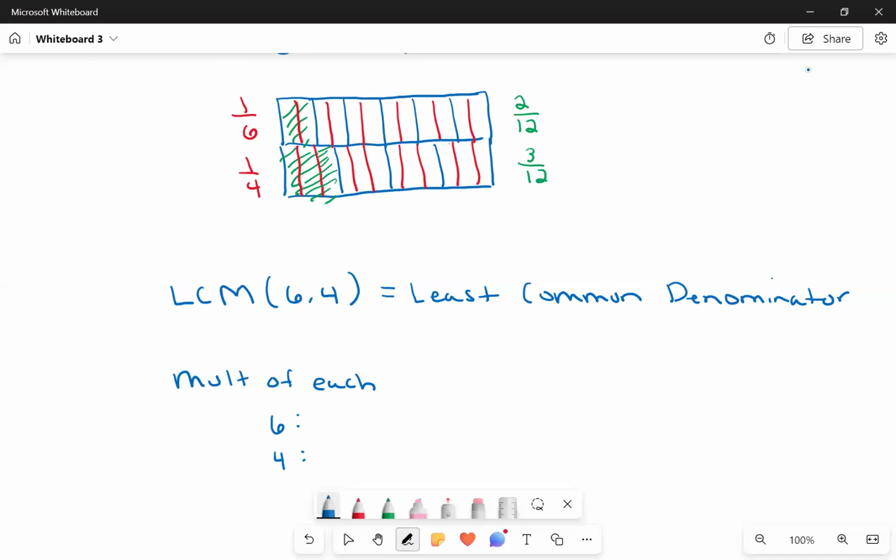So I'm going to look at multiples of 6, meaning 6 times 1, 6 times 2, 6 times 3, and so forth, and 4 times 1, 4 times 2, 4 times 3. And I'd keep going until I found a number they have in common. In this case, 12 is what they have in common. So 12 would be the lowest common denominator and also the least common multiple. They are, in fact, the same idea.